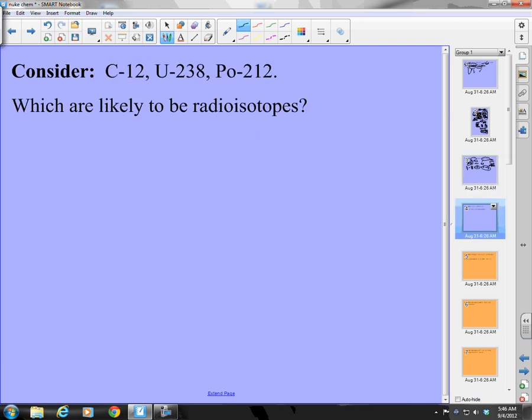Next, here we go. Consider carbon-12, uranium-238, and polonium-212. Which are likely to be radioisotopes? I'll give you a few seconds to figure this one out.